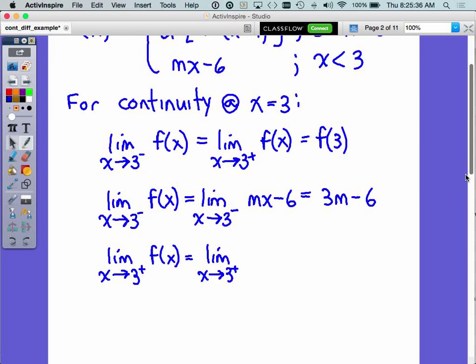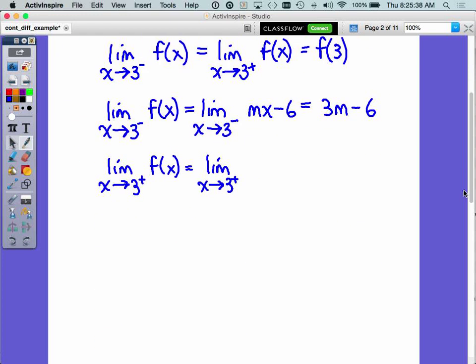So that's going to give me here a times 4 minus x squared. And if I put in a 3 here, 4 minus 3 is 1, 1 squared is 1, 4 minus 1 is 3. So this is just going to come out to be 3a.